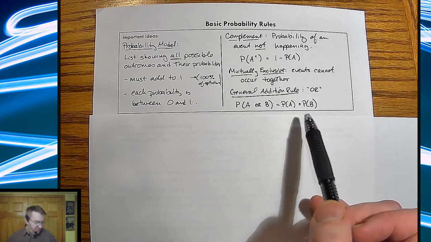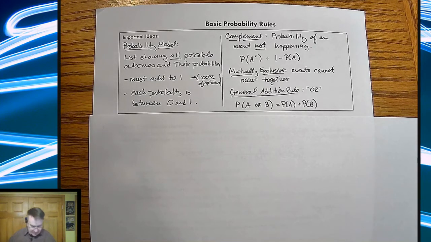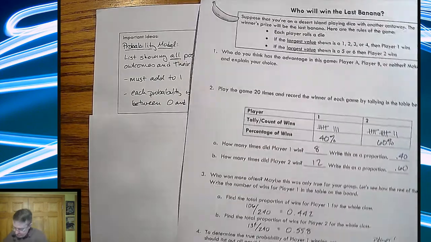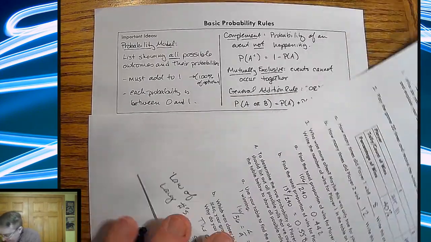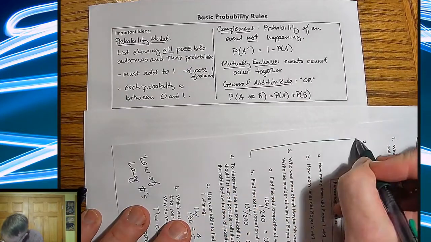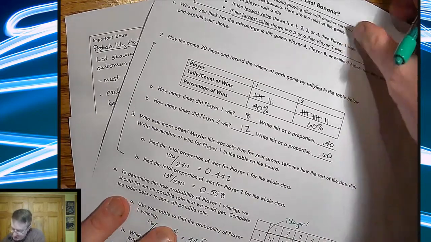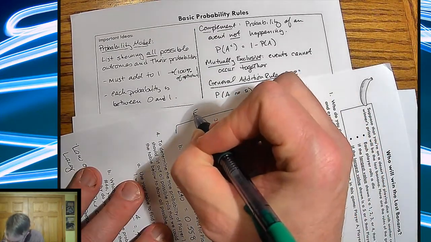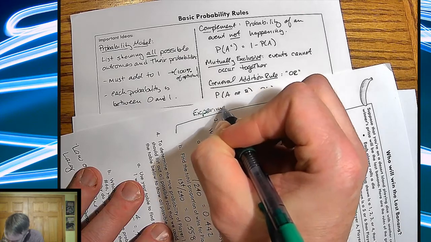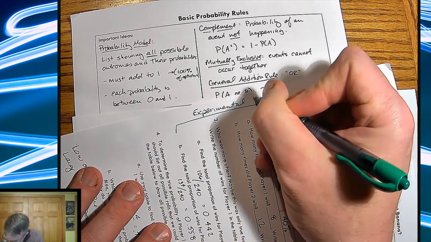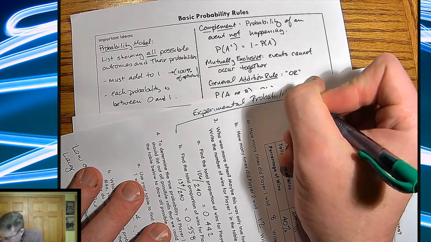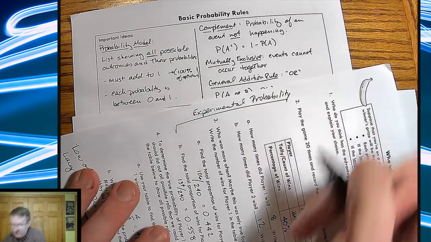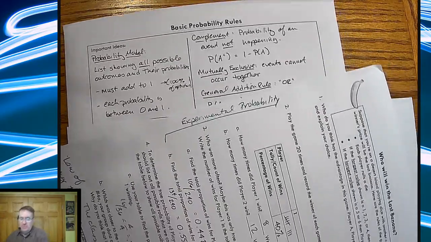If we go back to the previous page, we haven't actually talked about this. When we were doing the data, rolling the dice, etc., that was called experimental probability. This is what we saw, what we experienced, what we did in an experiment.